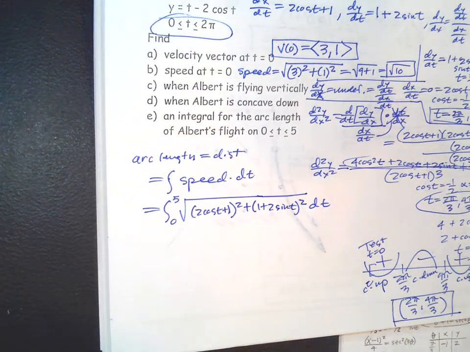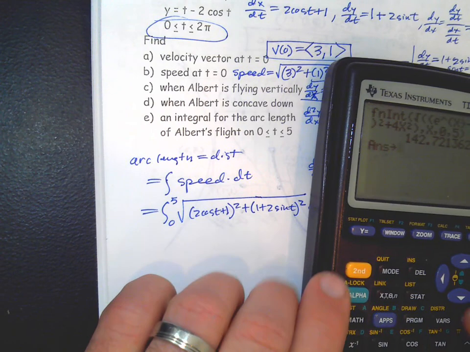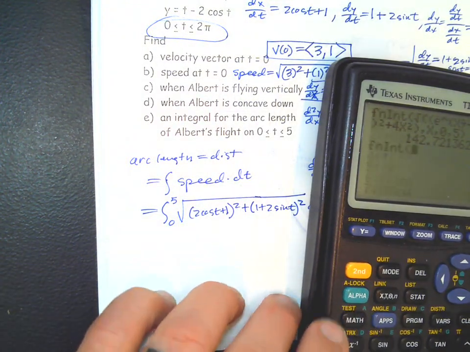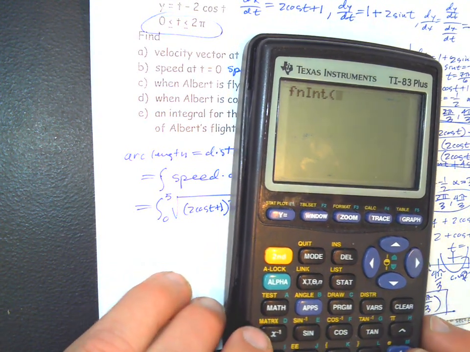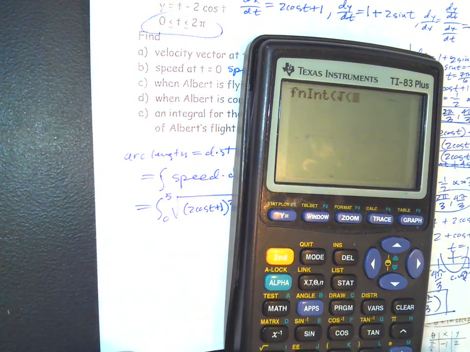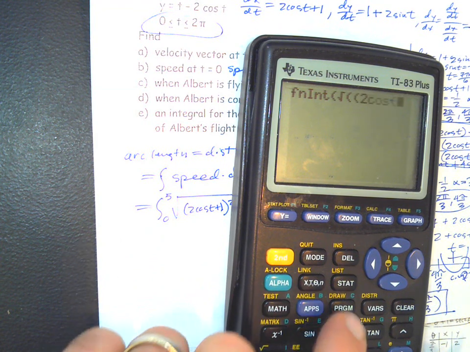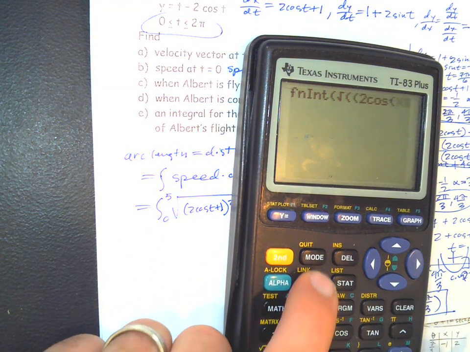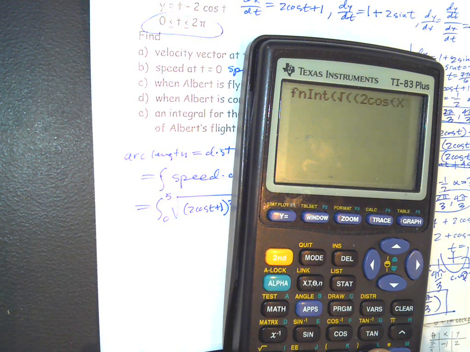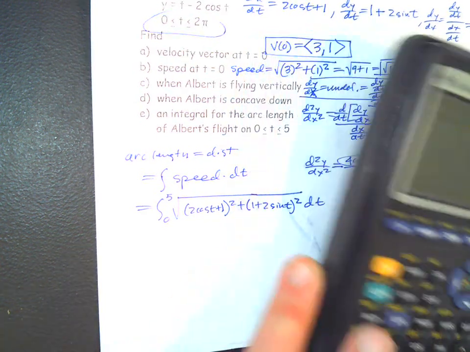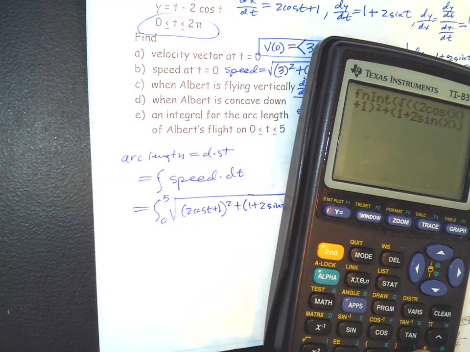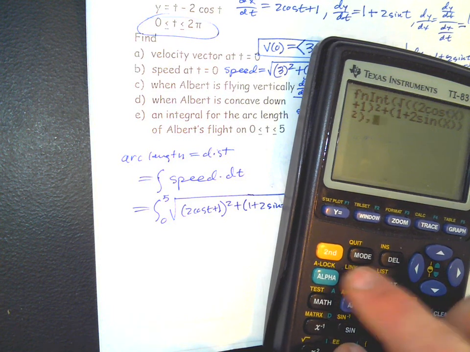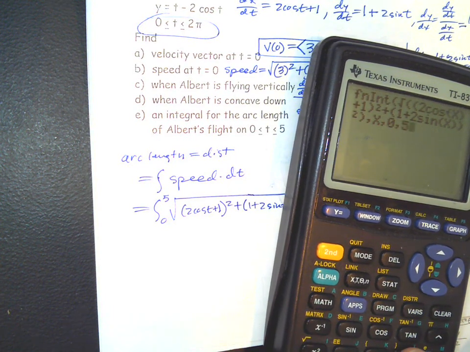So on your calculator, you can do math 9, and you could do a square root of parentheses 2 cosine x plus 1 squared plus parentheses 1 plus 2 sine x squared, close parentheses on the thing, comma x, comma 0, comma 5.